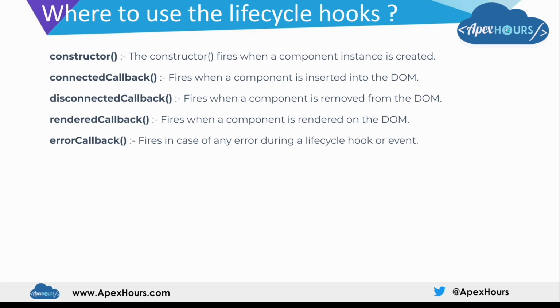So if you wish to add any functionality related to rendering, that should be in the render callback. Error callback will fire in case of any error during a lifecycle hook or event.